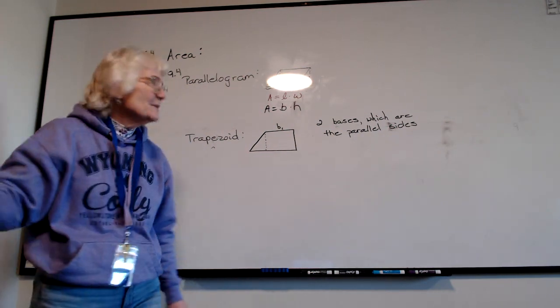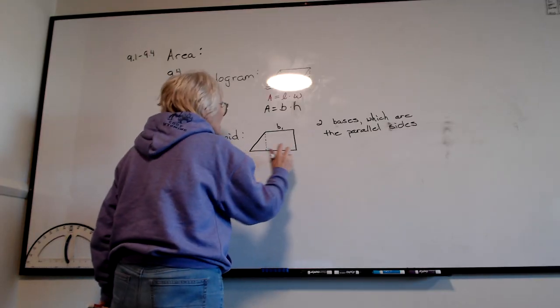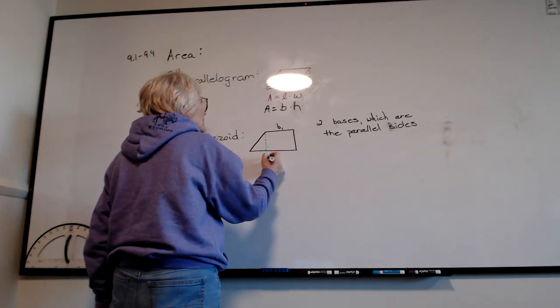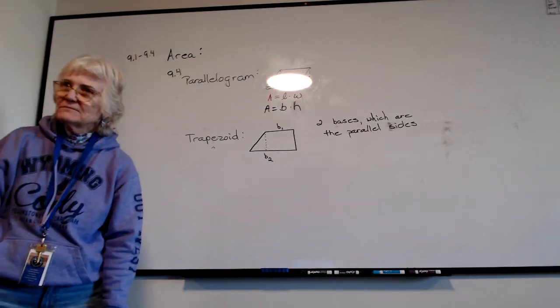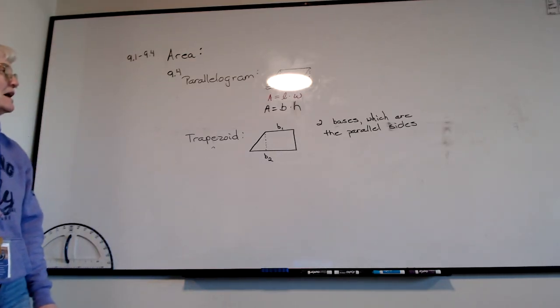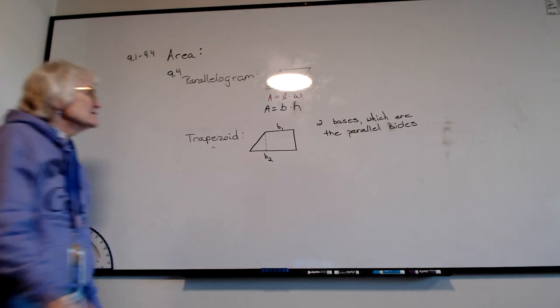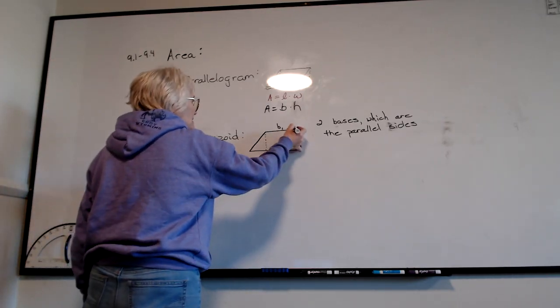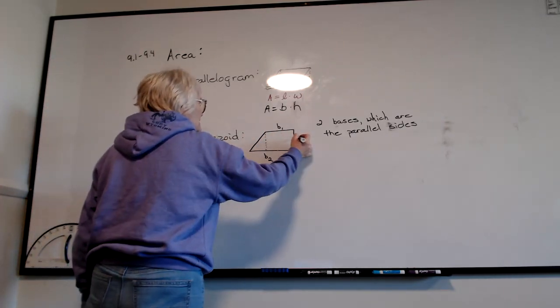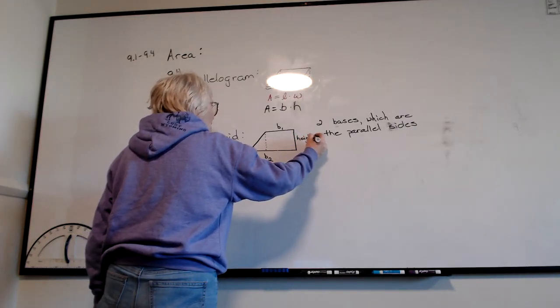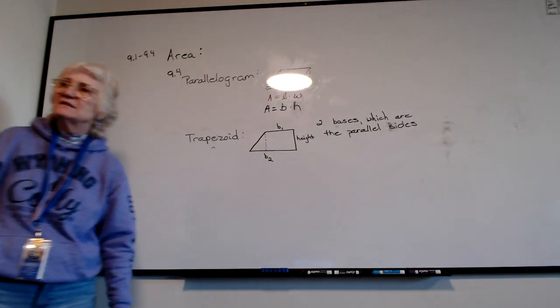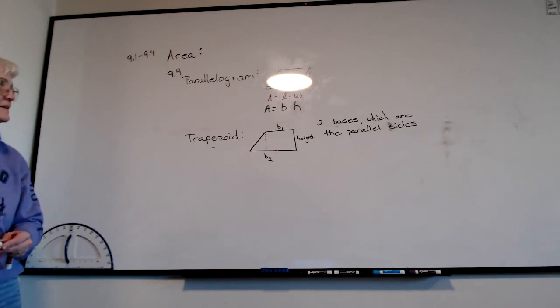Base 2 is this entire length here. This is the same as this in this one, so it's the height. But if we don't have a height, then we have to find it differently.